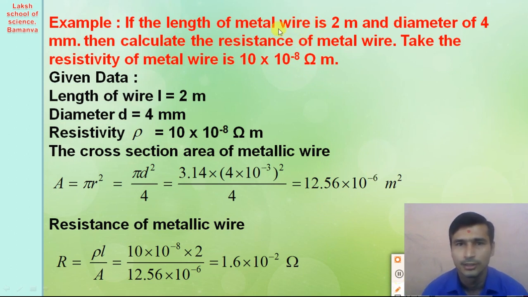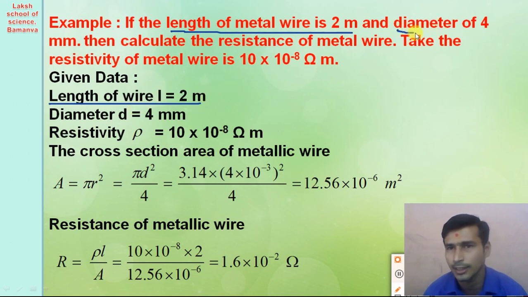So in this example, the length of the metallic wire is 2 meter. So from the given data, L is equal to 2 meter. Another data is the diameter of 4 millimeter. From this diameter we can calculate the cross section area of the metallic wire.